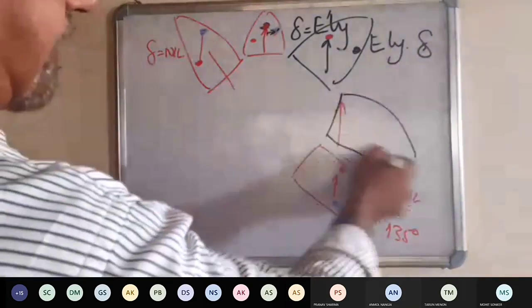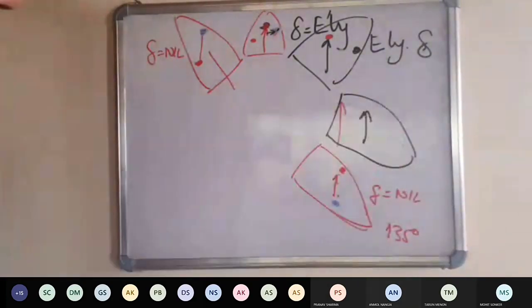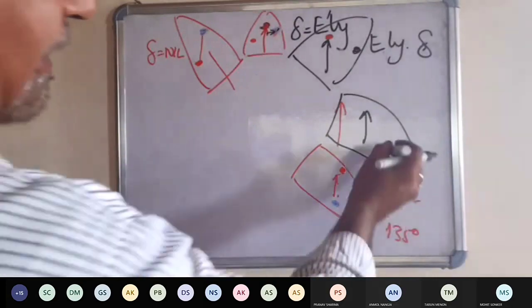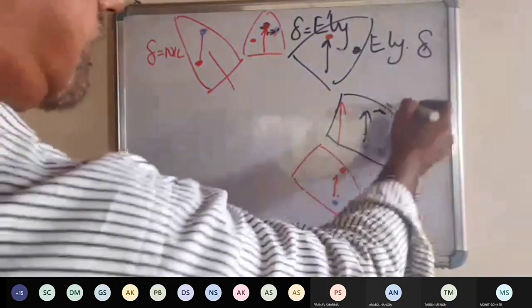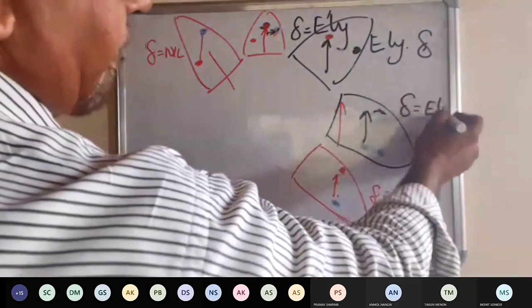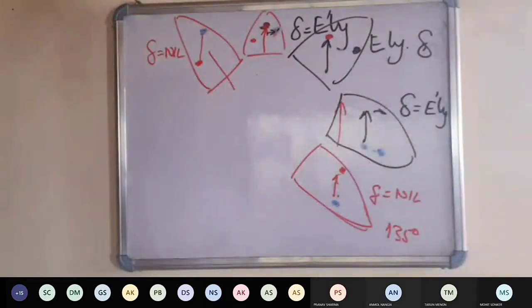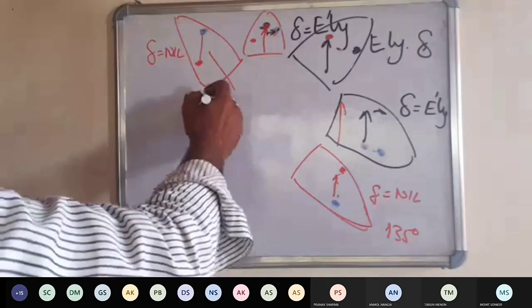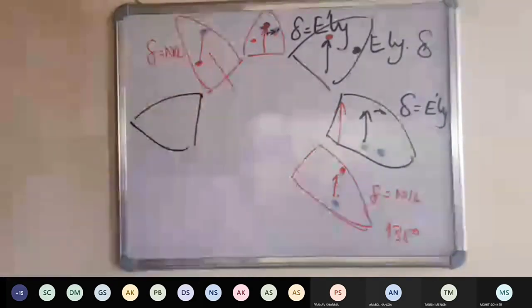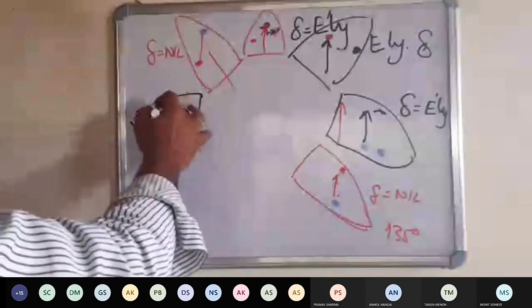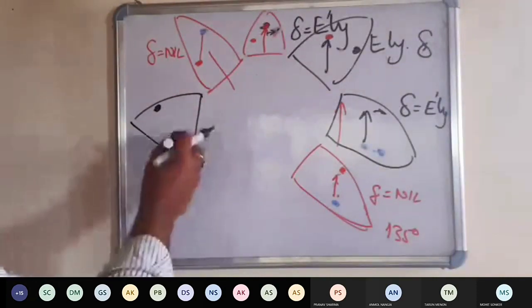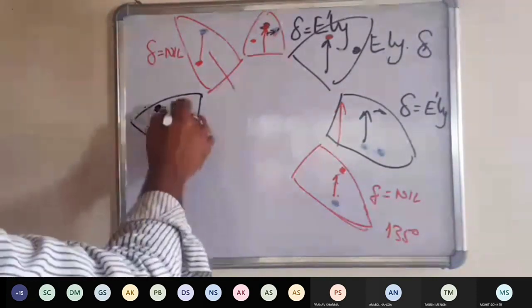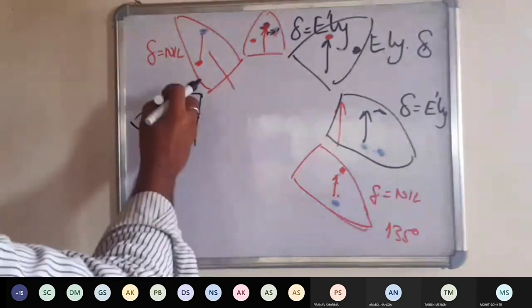Here also something similar. The blue is here and the blue is here. So again it will go to this side, deviation easterly. If we take this course, the blue end here, the red end here, the compass is like this, where the red is here.